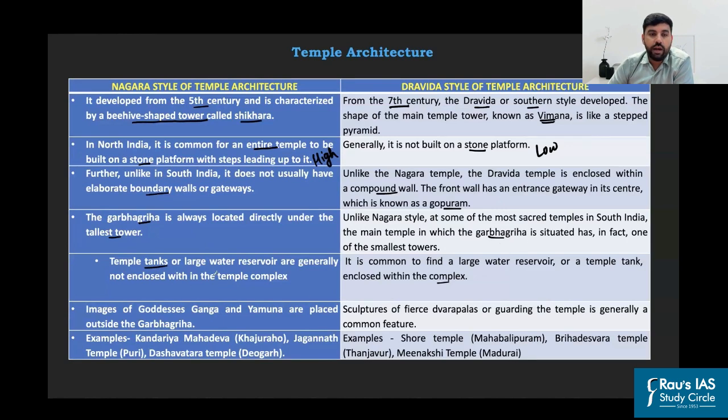Because here you have scarcity of water. It is the Deccan in the south. So you cannot compare the rainfall of North India and South India, except for the Western Ghats. Secondly, the rivers in North India are perennial.